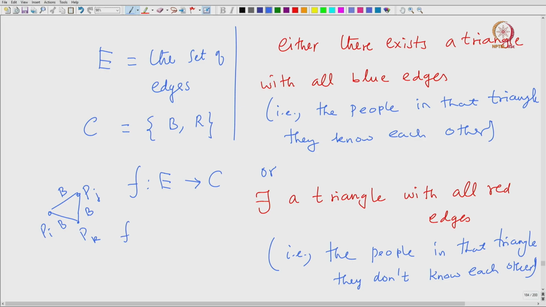So, the function you can restrict to edges from P1, which is exactly 5 edges, and then you have the colors, which has exactly 2 colors. So, this guarantees that there is at least one color whose pre-image will have at least 3 members.